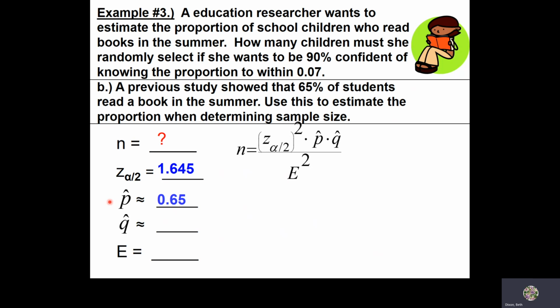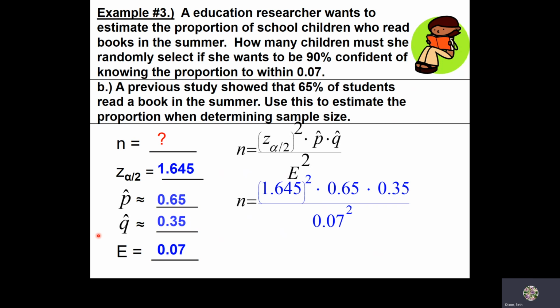Our p hat is the 65%. Our q is 1 minus 0.65, which is 0.35, and our e is still within 0.07.